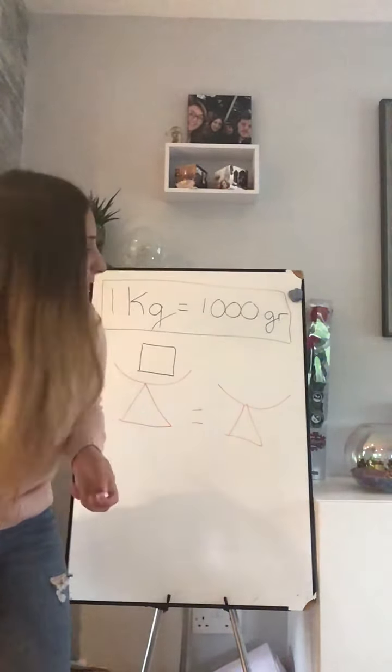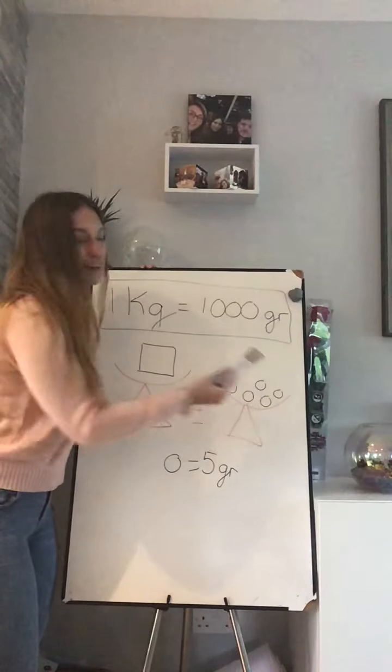I'm going to give you a little clue. My chocolate, on its own, 1 chocolate is the same as 5 grams. So 1 chocolate is 5 grams. Have a think. How many do you think that I'm going to need? I need 5. If 1 chocolate is 5 grams, how much does this scale weigh?